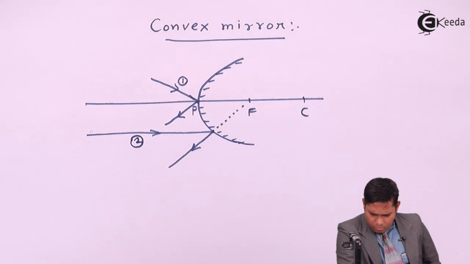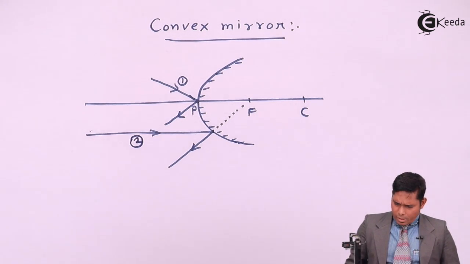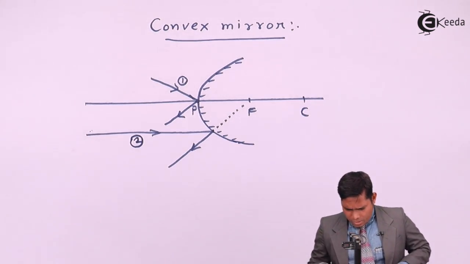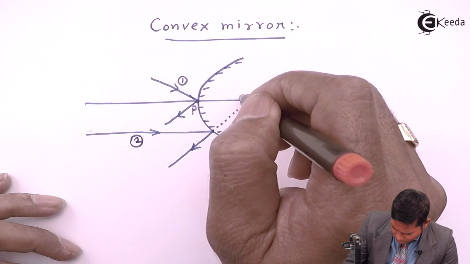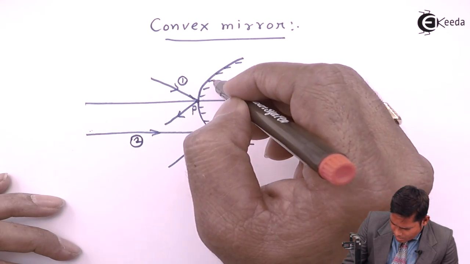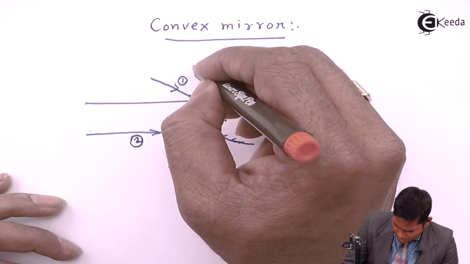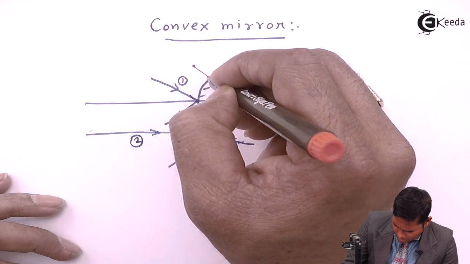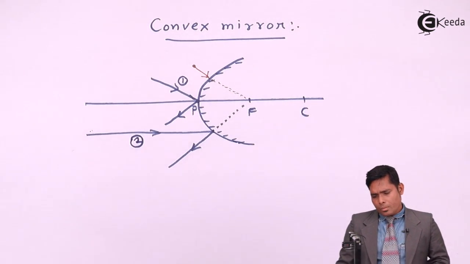Now, if I have a ray which is directed towards focus, which direction will it go? Suppose I have a situation like this, that the ray is directed towards the focus.